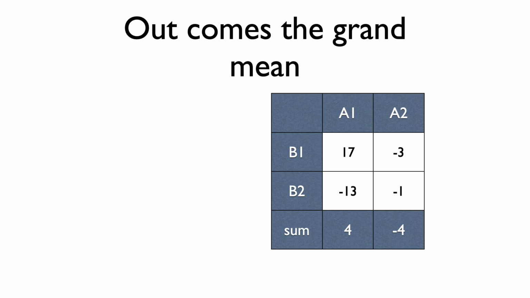So now we're going to do the A's and the B's. I guess I decided to do the A's first. When I sum B1 and B2 for A1, I get 4. And at A2, when I sum B1 and B2, I get negative 4.